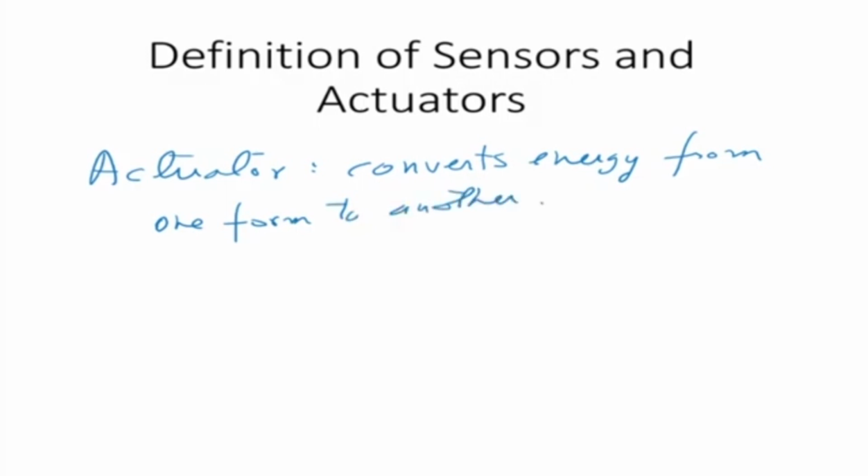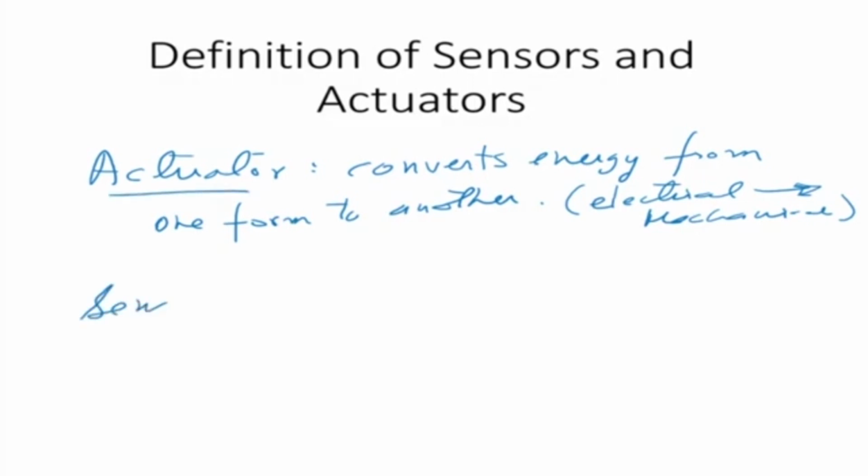An actuator converts energy from one form to another. In this particular case, in robotics, it is electrical energy to mechanical. But it can be other kinds of energy also. For example, it could be hydraulic, it could be pneumatic. In robotics, essentially we are looking at converting electrical energy to mechanical energy because we are using electrical motors. So that's the definition of an actuator.